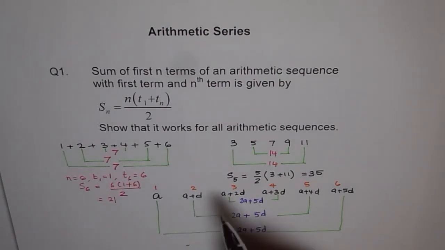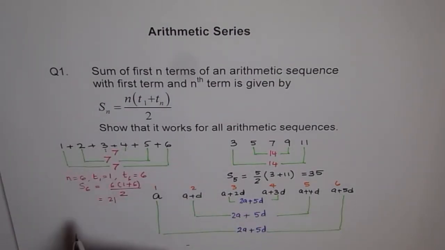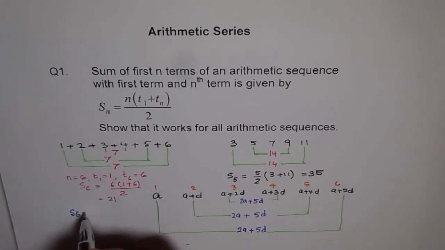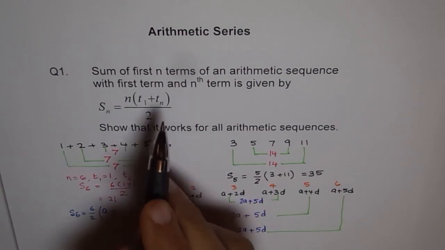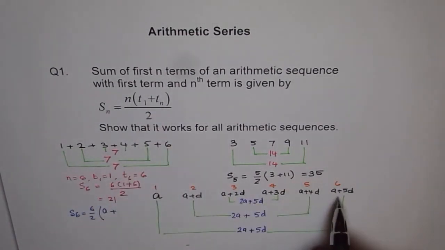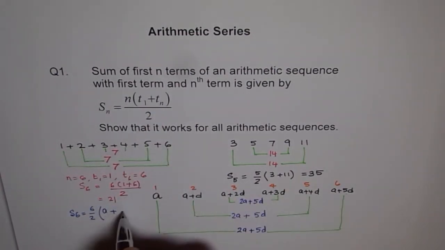So we are doing S of n. We got 6 terms. We'll write S of 6 equals, n is 6 for us, 6 over 2. And what is T1? T1 is the term A, right? A plus, what is Tn? Tn is T6, which is A plus 5D. Is that okay?